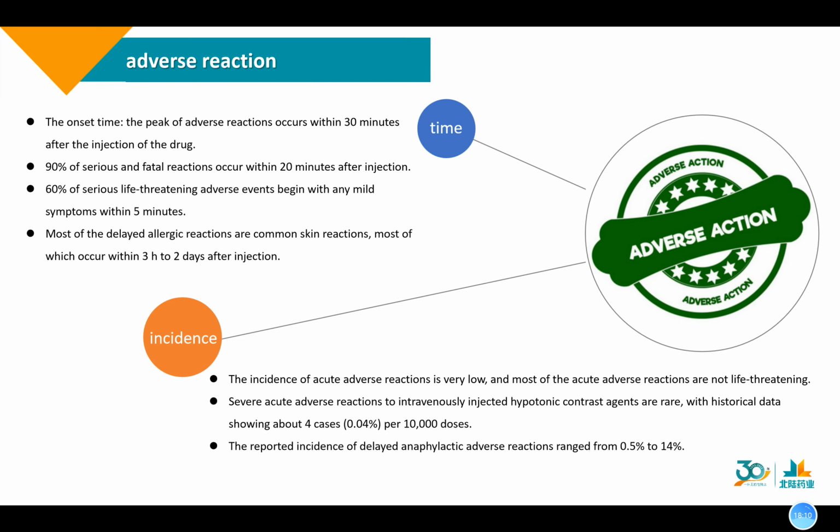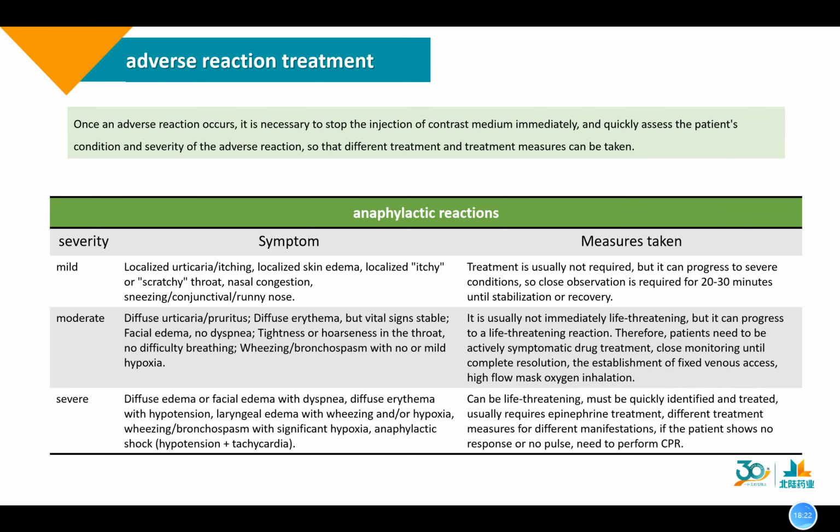In addition, the reported incidence of delayed anaphylactic adverse reactions ranged from 0.5% to 14%. Although the incidence of acute adverse reactions is very low, once an adverse reaction occurs, it is necessary to stop the injection of the drug immediately and quickly assess the patient's condition and the severity of the adverse reaction, so that different treatment measures can be taken.